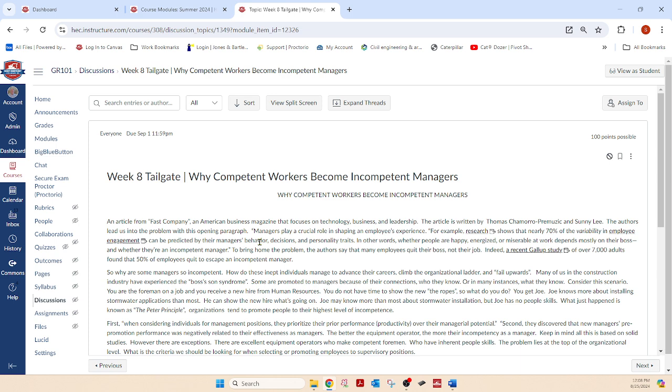It says managers play a crucial role in shaping an employee's experience. For example, research, and I don't think that link is live anymore, goes back to talk about 70% variability in employee engagement. In other words, it can be predicted by their managers' behavior, decisions, and personality traits.